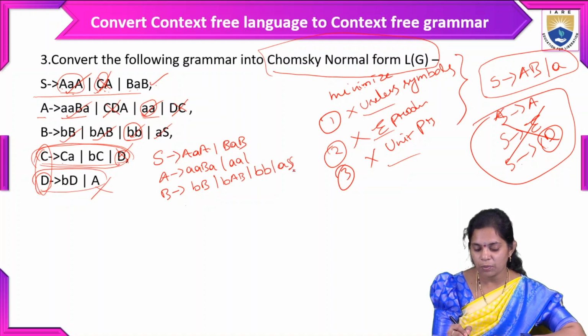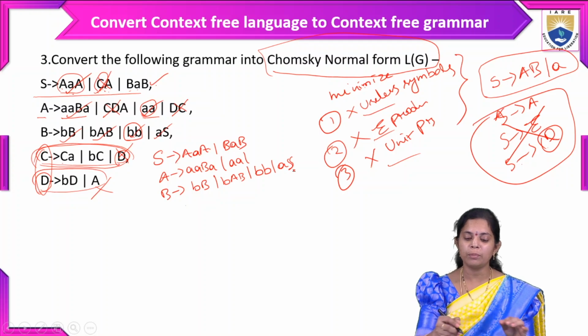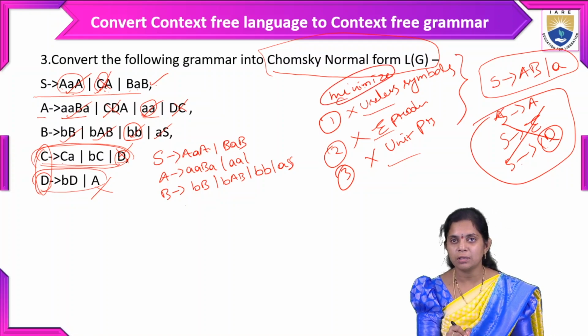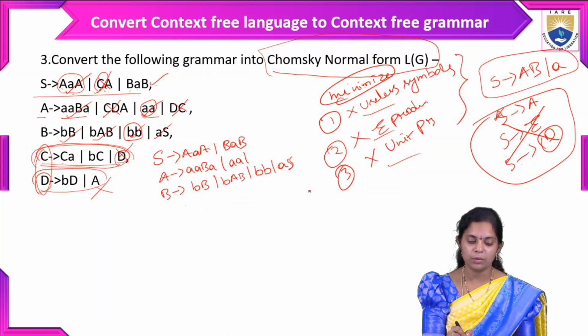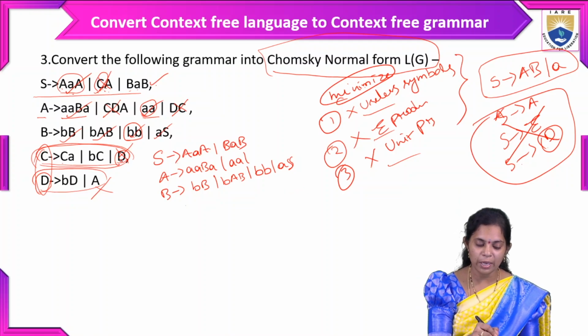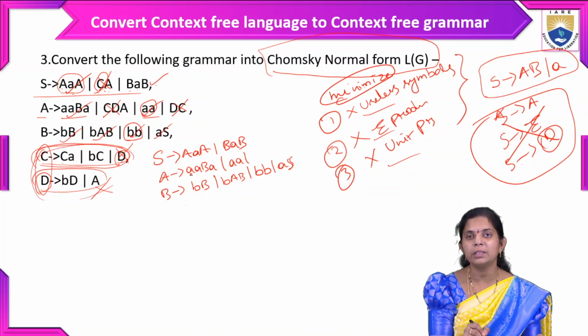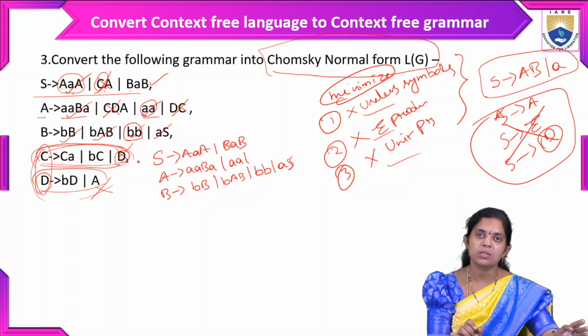These are the equations after performing the minimization step. We removed the useless symbols, and here we had the unit production, but since we deleted all those things, the unit production is also removed. So this is the thing.